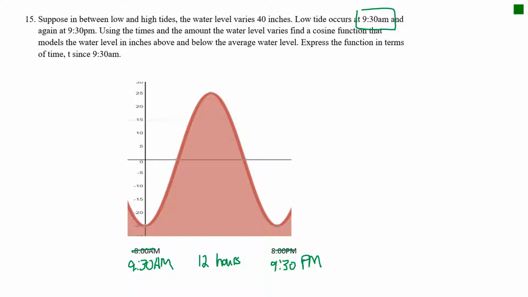It says that the difference in water level is 40 inches. So this graph is also slightly wrong. If it differs by 40 inches, the top part to the bottom part should be 40. So if I cut that in half, from the middle to the top part, that's going to be 20. And then the middle down to the bottom part, that's going to be 20 as well.